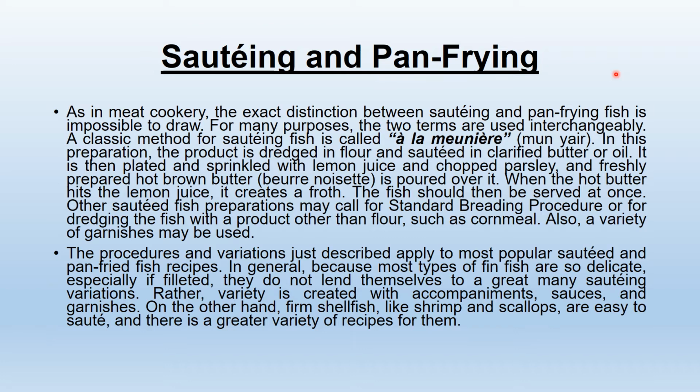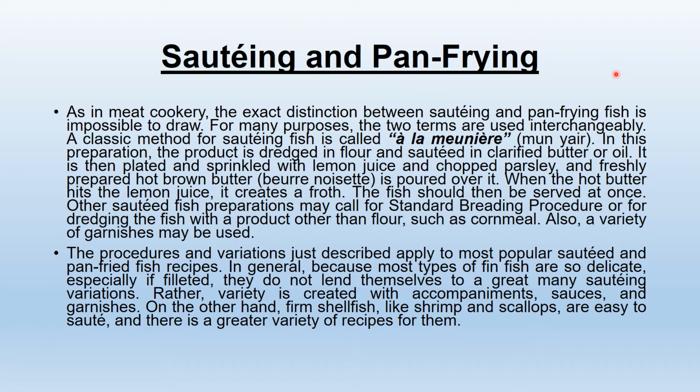So, saute, very important. Whenever you're doing saute fish, it's not like regular saute vegetables, where you put in the fish and just shake the pan. Remember that saute is a French term as well, which means jump, right?